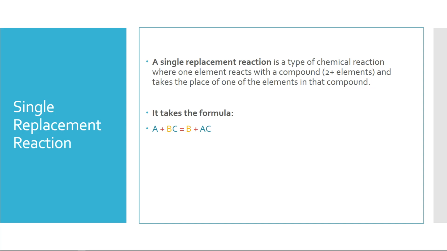So here you see A can be any random element such as iron, as you can see in the example. A and B are going to swap places to produce B plus AC. In the example below, iron is going to switch places with the copper to make copper on the outside and iron to bond with the sulfate.